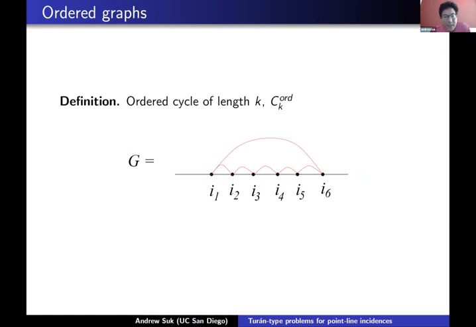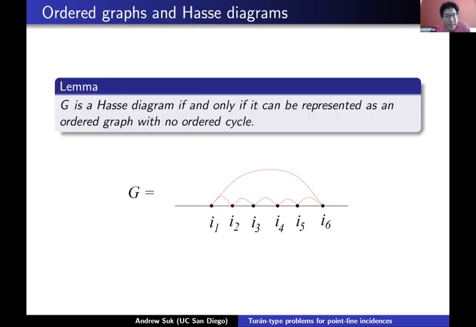And it's not hard to show, actually, that a graph is a Hasse diagram if and only if it can be represented as an ordered graph with no ordered cycle. So not only are they triangle free, but you don't have an ordered cycle of any length. This isn't so hard to show, but I decided to cut the proof out so that I hit the 40-minute mark. So I'll skip the proof.